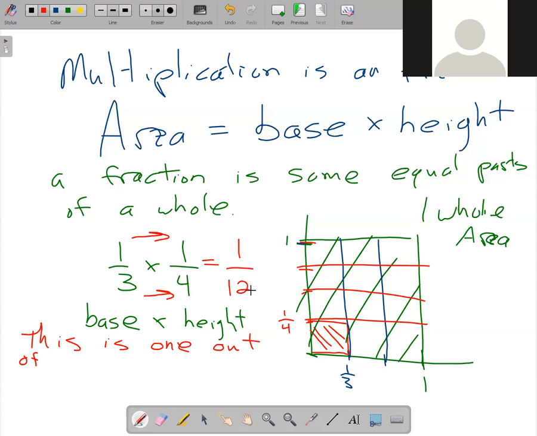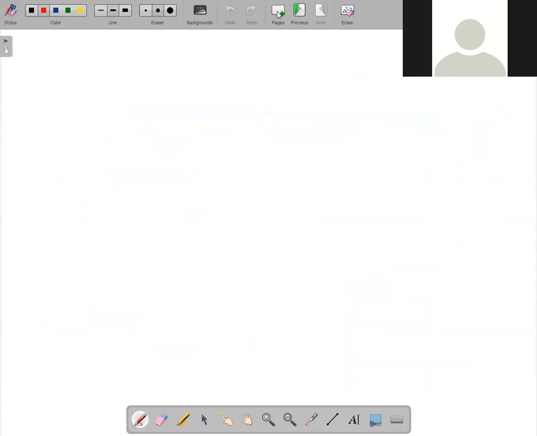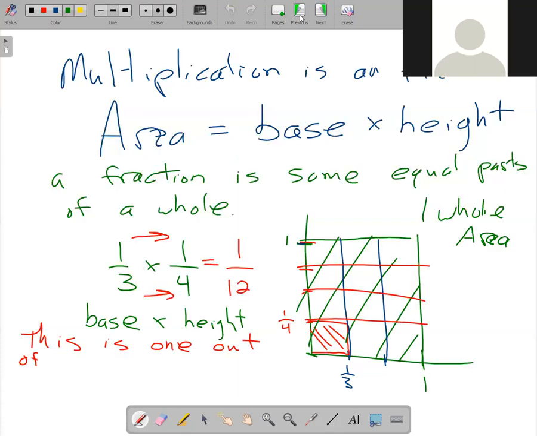Okay? So you were taught to do this, but you were never taught why you should do that. Here's a good question. Why doesn't multiplication work like this? Why isn't that multiplication? Why does it have to be going straight across? Because that doesn't work with what multiplication means as area.